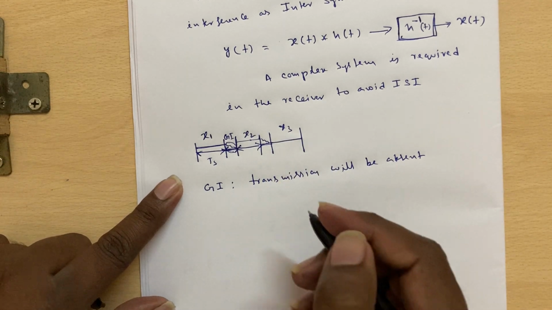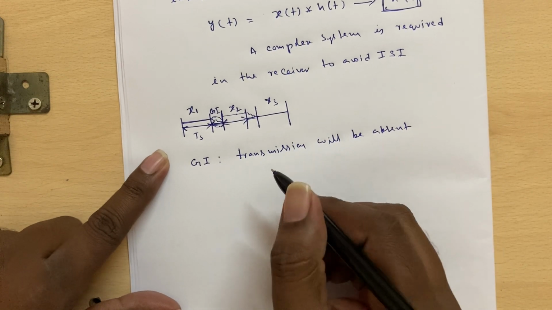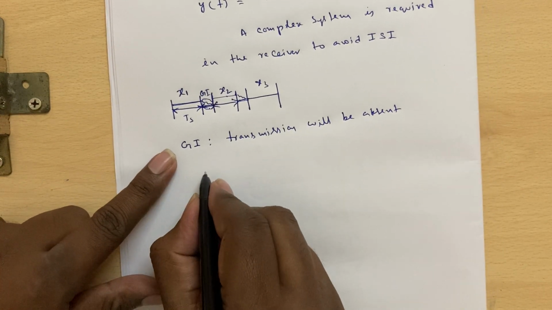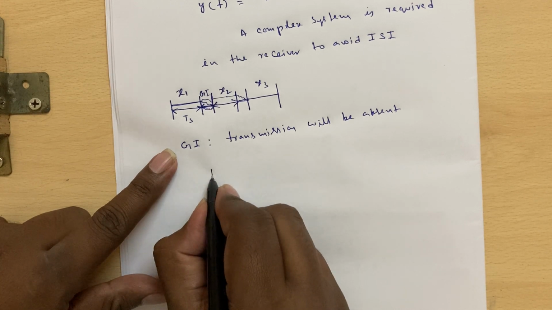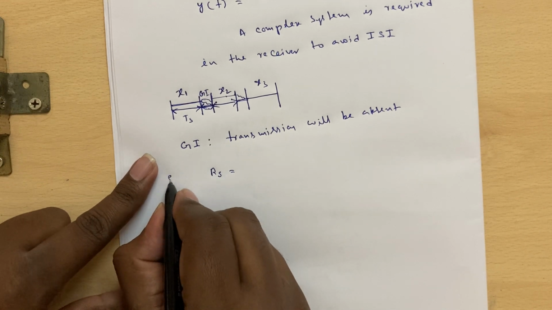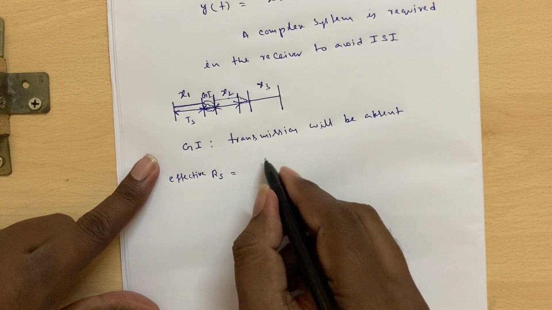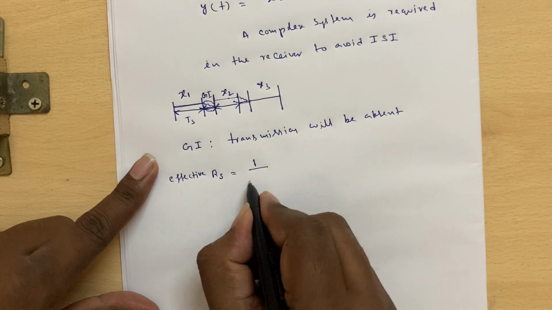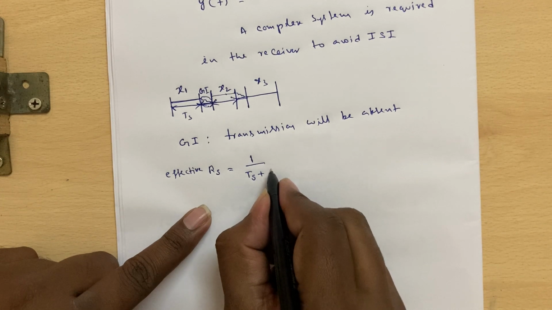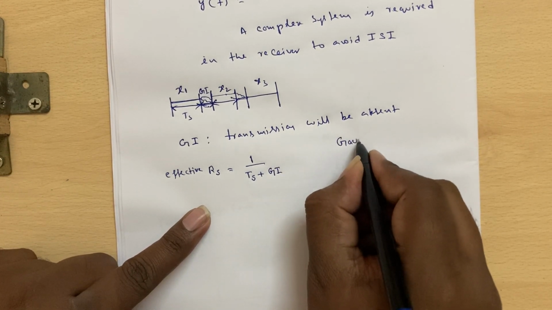If you do it like this, it will not require much complex systems, but it will reduce the overall symbol rate. Earlier the symbol rate was 1 by Ts. Now with the guard interval, the effective symbol rate will be 1 by Ts plus the guard interval.